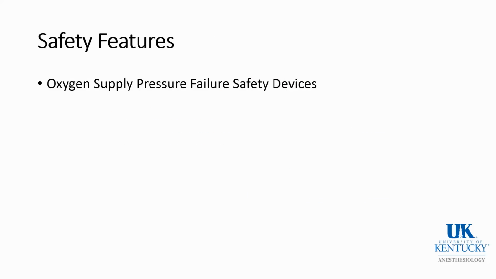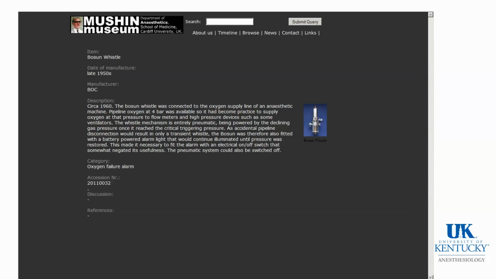Now, we're going to move on to a safety feature of the anesthesia machine: oxygen supply pressure failure safety devices. This slide from the Mushin Museum describes a Bosun whistle.